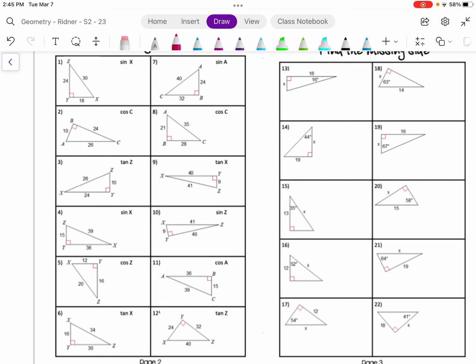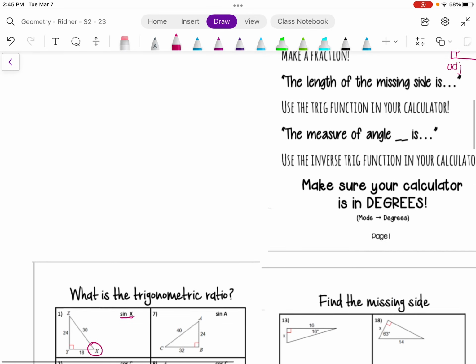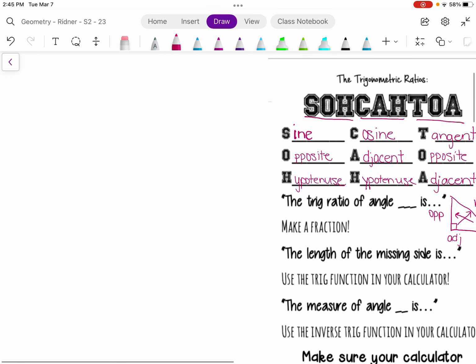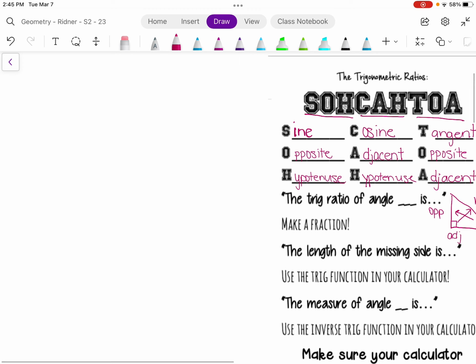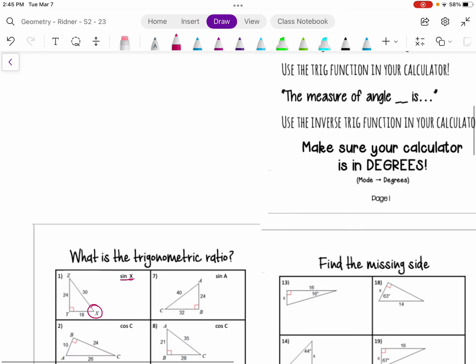Okay? So the example says sine x. First thing I want you to do is circle x so you know where x is. Okay? Well, sine x, according to your front page here, you may have to reference it for a little while. Sine is opposite over hypotenuse.